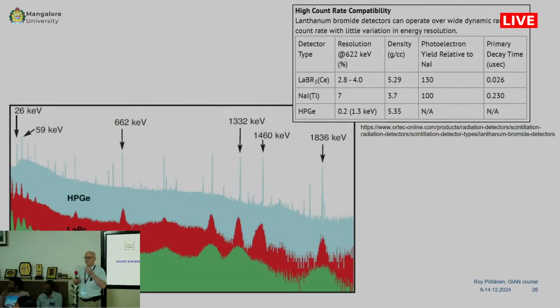Interaction probability is higher compared to air. Do you know the density difference between air and, for example, water? There is a difference of 1,000, which also means that from the radiation point of view, it interacts strongly with dense material.